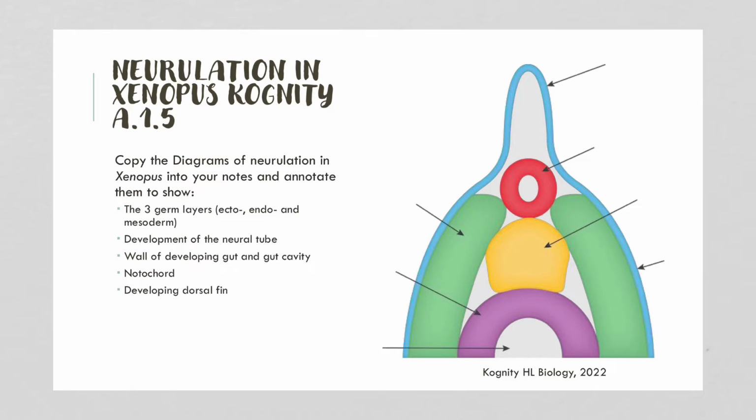So you need to show the three germ layers, the ecto, the endo, and the meso. So this would be the ectoderm, the mesoderm, and the endoderm. And then the development of the neural tube. So this is our neural tube right here, the red one. The wall of the developing gut cavity, and the notochord, and the developing dorsal fin. So that's the dorsal fin.